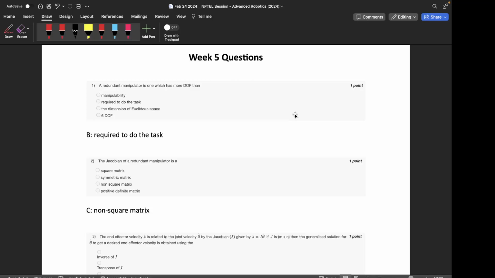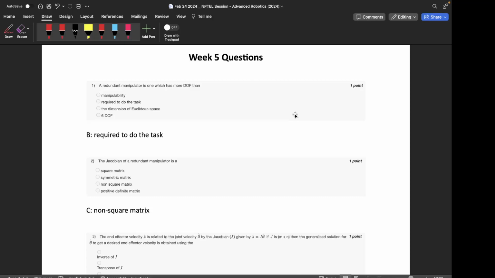Okay. So let's say we are again restricted to the 2D plane, and in the 2D plane we are using a three link manipulator. Then the manipulator is redundant because in moving to any point in the 2D plane, only two links are required, right? 2 degrees of freedom are required.